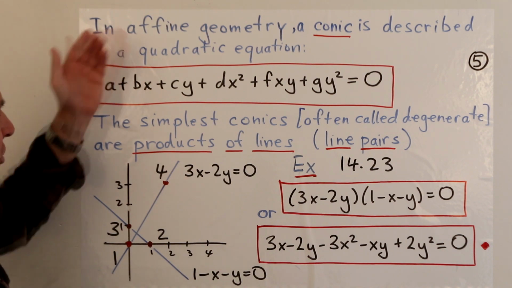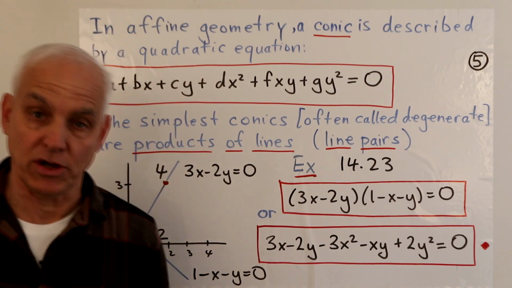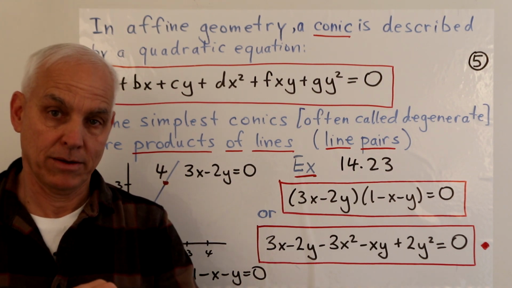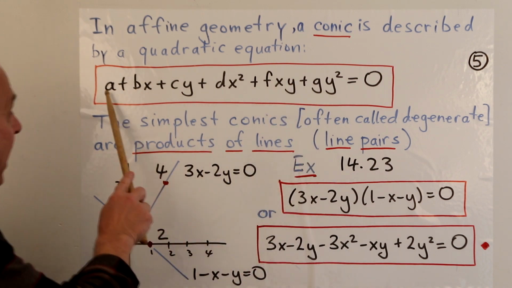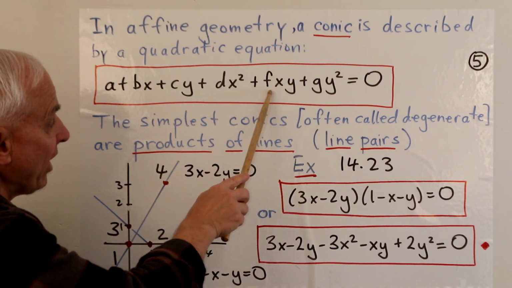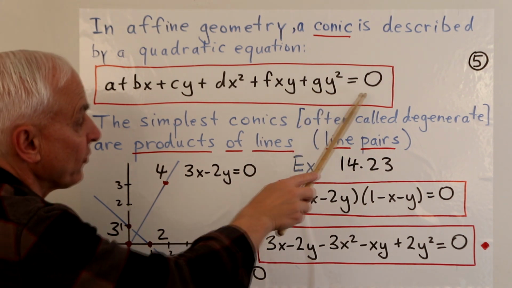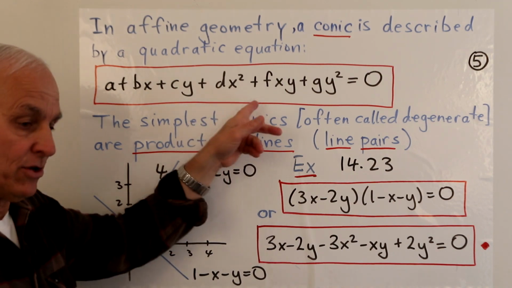So in affine geometry, a conic is described by a quadratic equation in x and y, quadratic of degree 2. So it has this general form: a plus bx plus cy plus dx squared plus fxy plus gy squared equals 0. You might wonder why I don't use e.